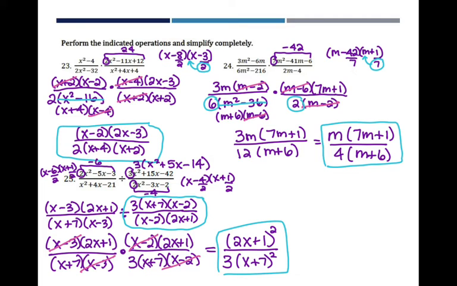All right, so that is multiplication and division. Let's go ahead and try addition and subtraction. So anytime you are working with addition and subtraction, you need to figure out what your common denominator is going to be. In this particular scenario, my common denominator is going to have the x minus 1, and it's going to have the x from your other fraction.